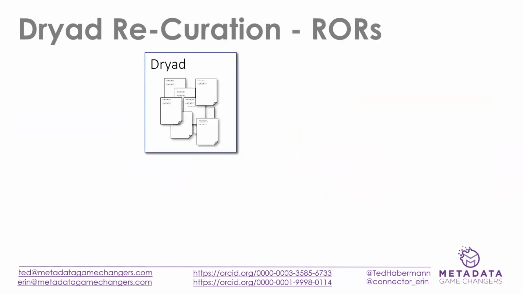So I want to talk about this in terms of the Dryad repository that some of you probably know about. It's a large, I guess it's not that large. They think it's large, something like 50,000 records or so of data sets that have been accumulated in Dryad over the last 10 years or so.